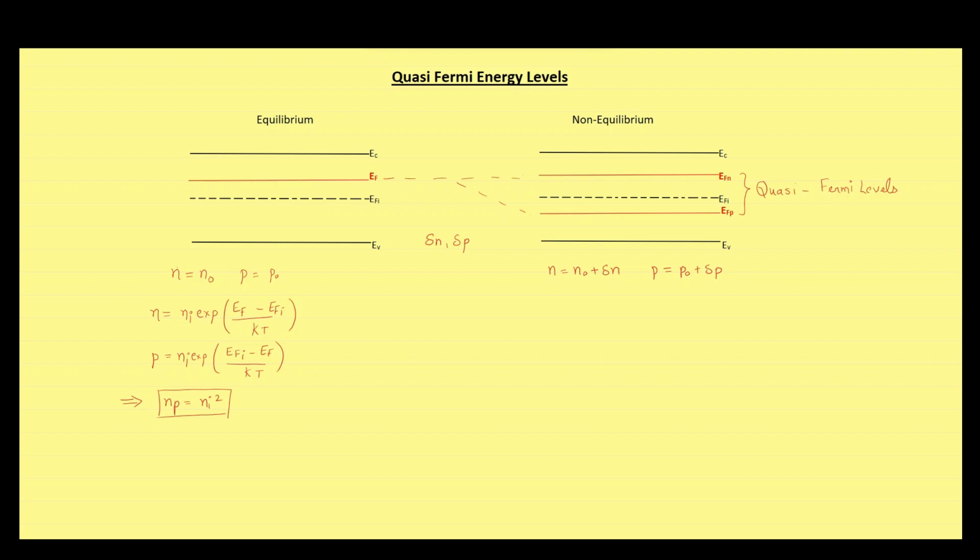In non-equilibrium cases, we have to use quasi-Fermi energy levels to relate free electron and hole concentration with intrinsic carrier concentration. Like, free electron concentration is equal to... Similarly, hole concentration can be written as... Obviously, in non-equilibrium condition, mass action law is not valid.